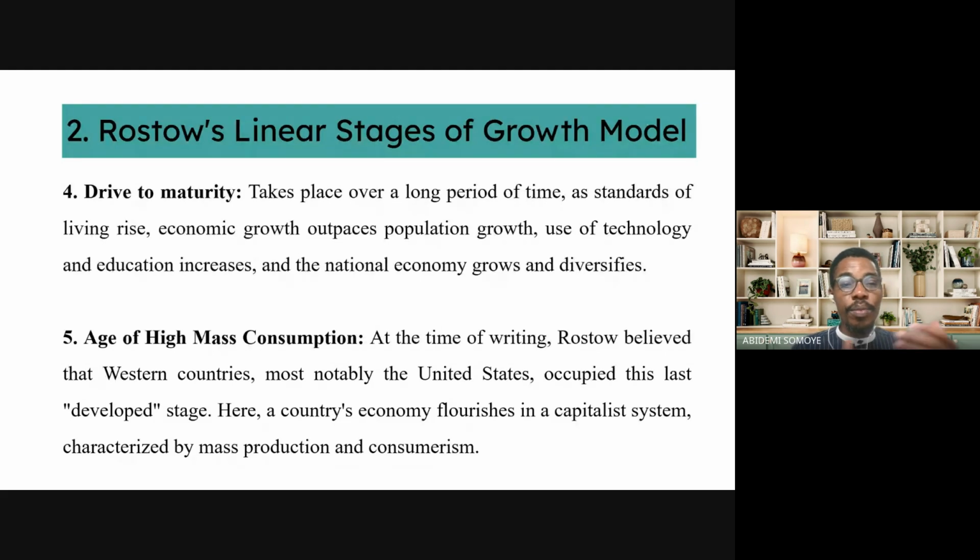So, for example, irrespective of where you are from, do an analysis of your country. What stage is it right now for your country? All right. What stage are you? Could it be the traditional? Of course, we know developed countries are more in the fifth stage because they produce and they consume and they export to the rest of the world.